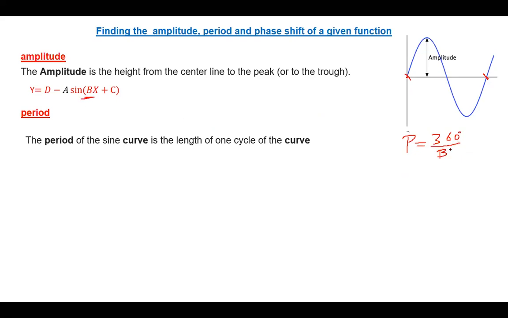So you divide 360 by B, or if it's in radians, you divide 2 pi by B. So that is the period. It's just the length of one cycle from this point up to that point, for a sine curve, a cosine curve, or a tan.